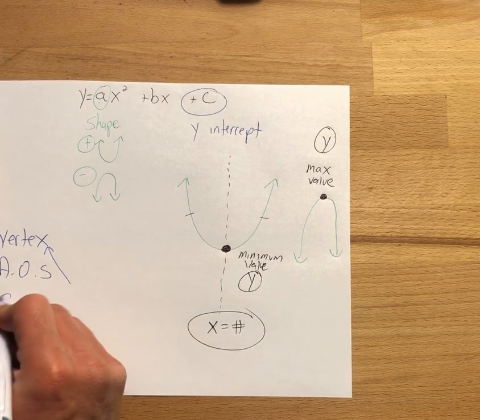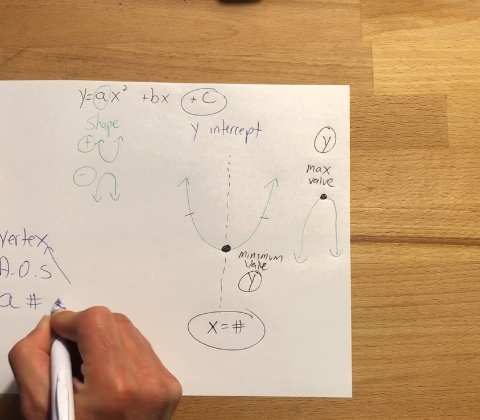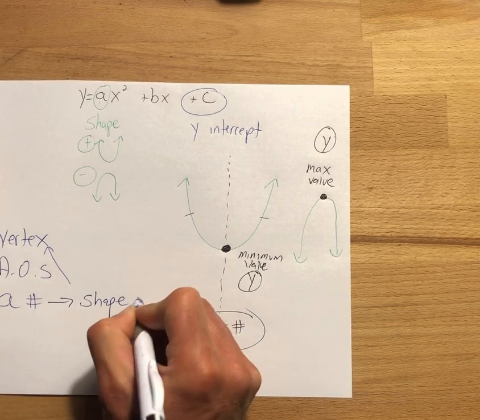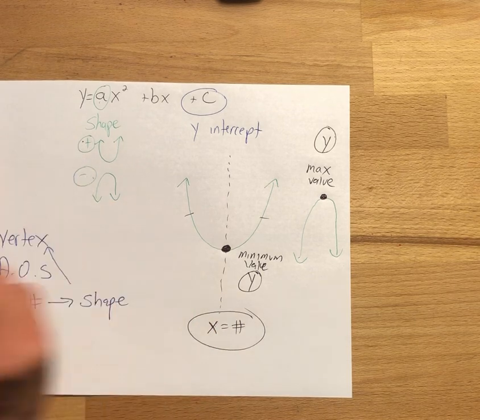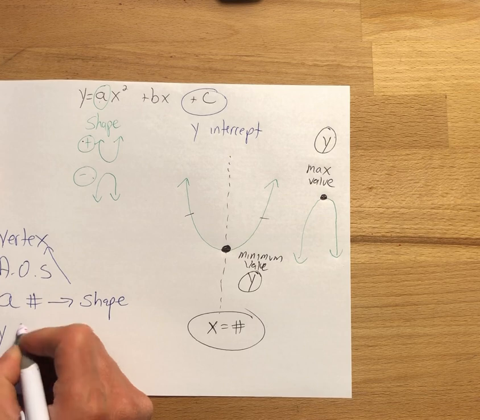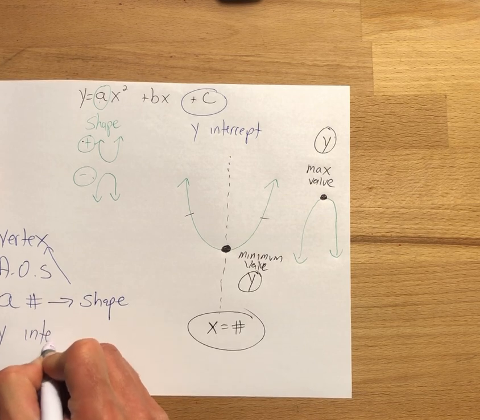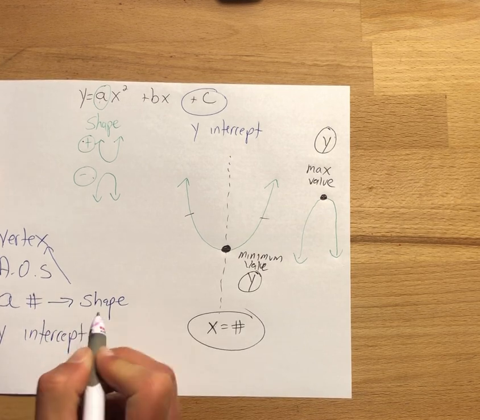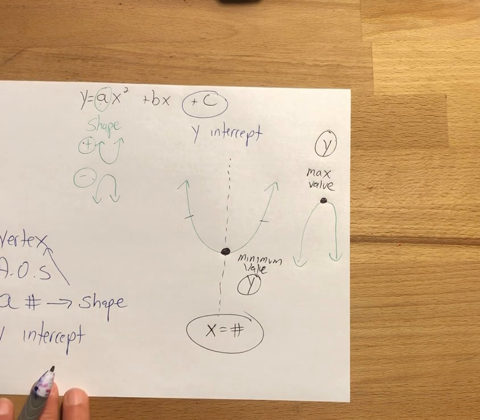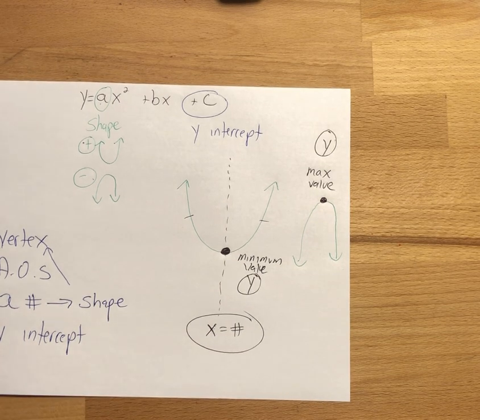Number three is your a number, and this is your shape, whether it opens up or opens down. And number four, it's not in the notes, but you need to know what your y-intercept would be. These are the four things that are going to matter with your graphing of a quadratic.